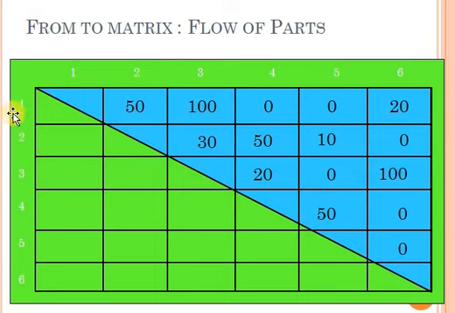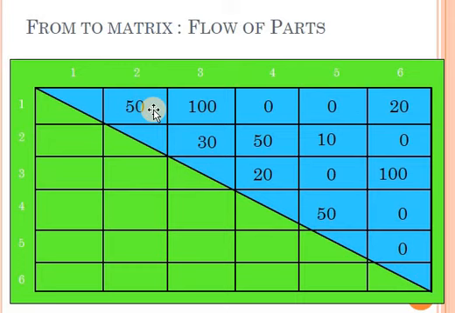However, if you look horizontally at number 1 and vertically at number 2, you will see that we have the number 50. What is this 50? This means that each time I'm moving from department 1 to department 2, I'm moving 50 units on average.